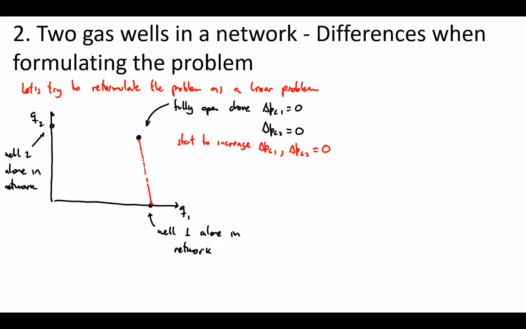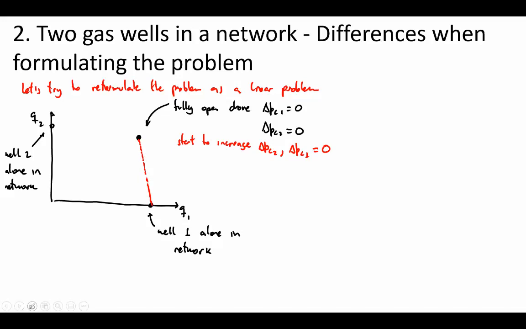Because every time I choke C2, not C1, increase C2, C1 is 0, fully open, I'm reducing the rate of 2 and increasing the rate of 1 until I reach this point.